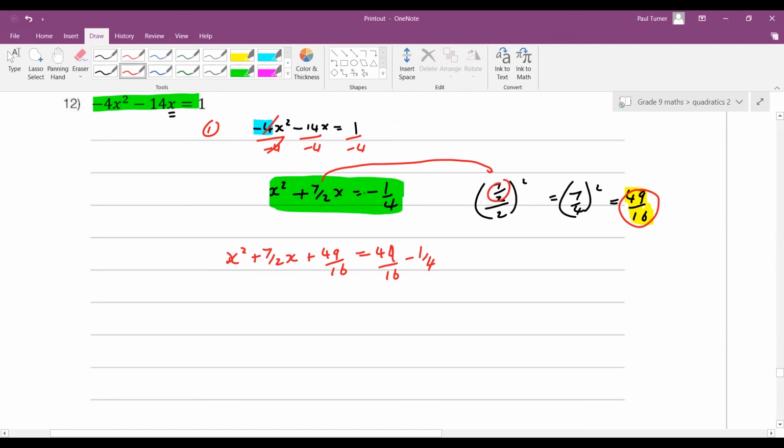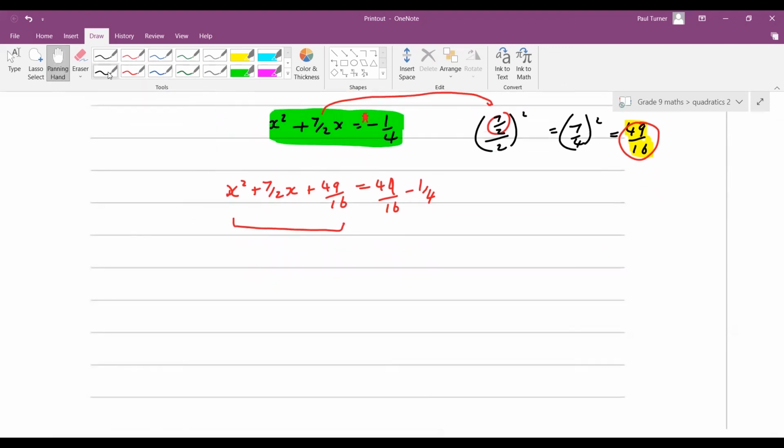Okay, I just put that number into the front here. There. So this will be a complete square. We will have x plus the square root of 49 on 16 is 7 on 4, all squared. So this is going to be 45 on 16 by your calculator or by hand, up to you.